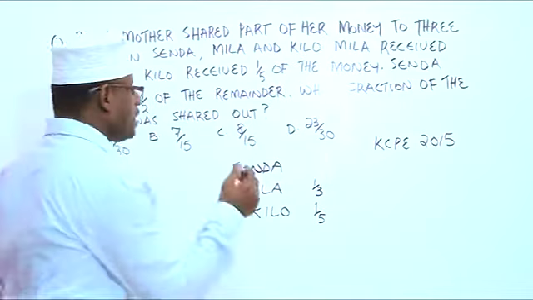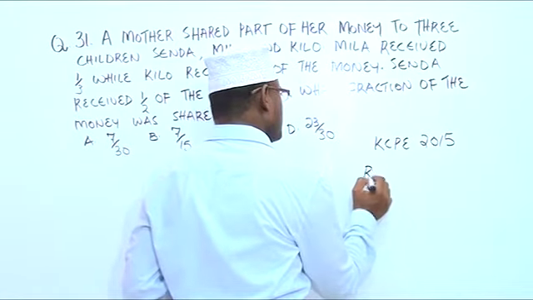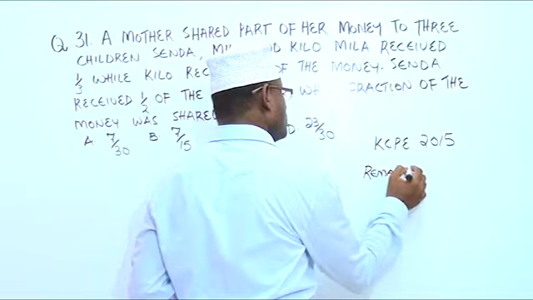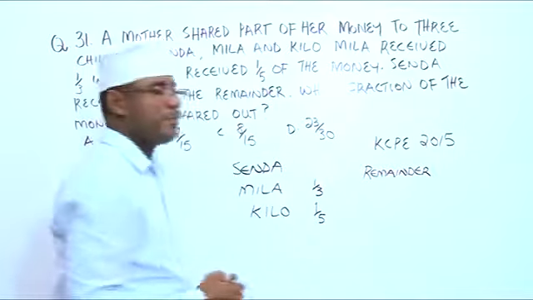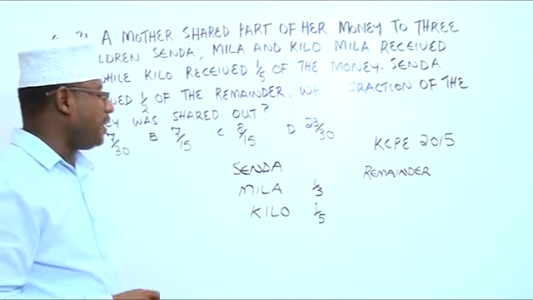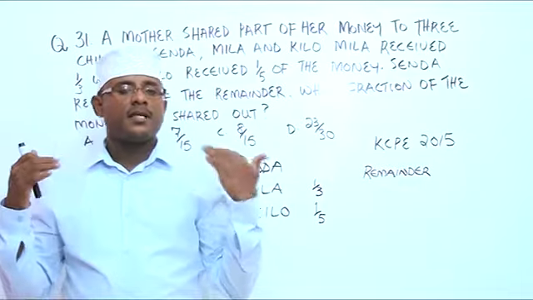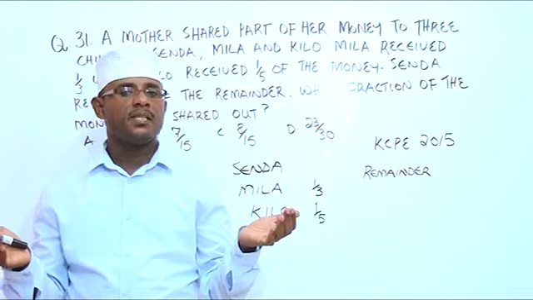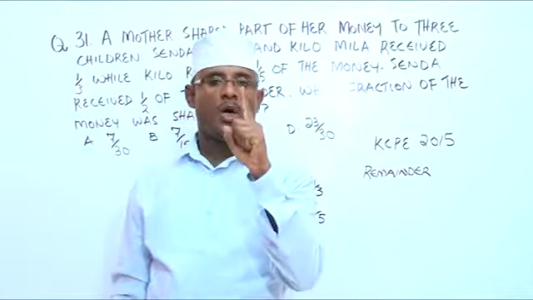So if you want to get the remainder, how much is the remainder? We say that the total amount of money that the mother has from the beginning is 1 whole.